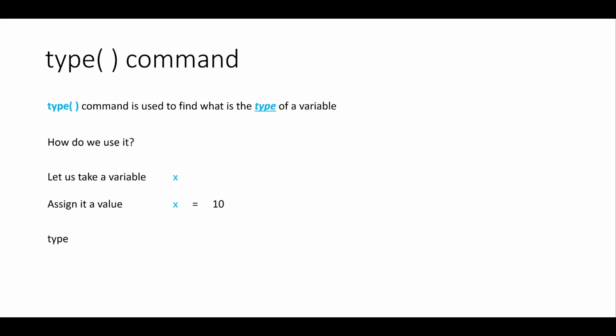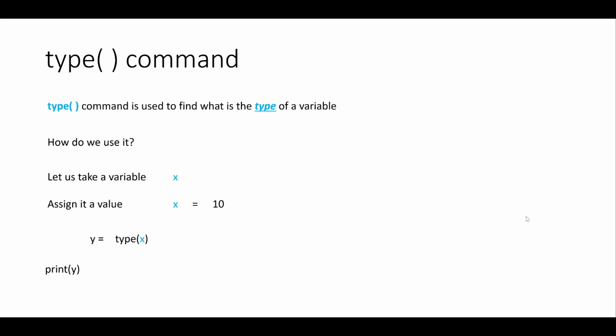Then we can use the command as type of x. But if we simply use this command type x and try to run the program, it will not show any output. So the way of using it is to store the output of this command type of x into a variable, let's say y, and then print y.